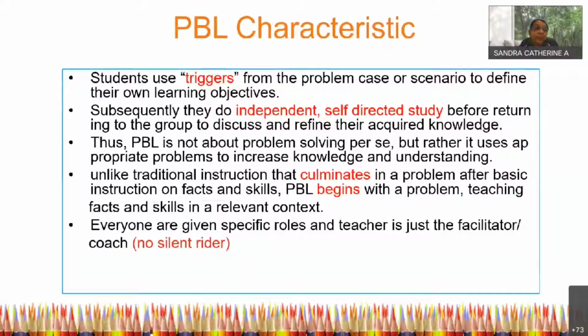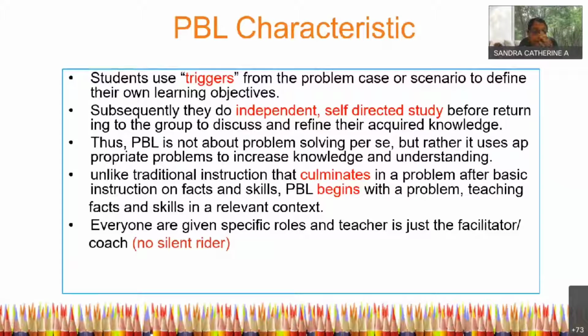This can be done in the first class, where the lecturers will show the trigger, and then the students will do the activity of what we call a table based on the triggers, and then they will discuss and find the key topic of the problem.